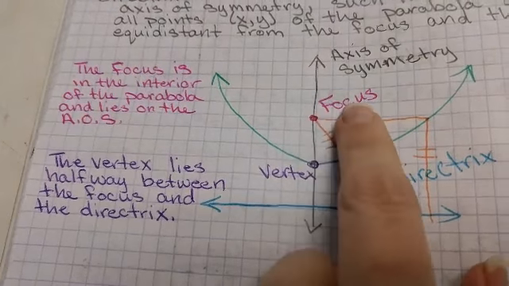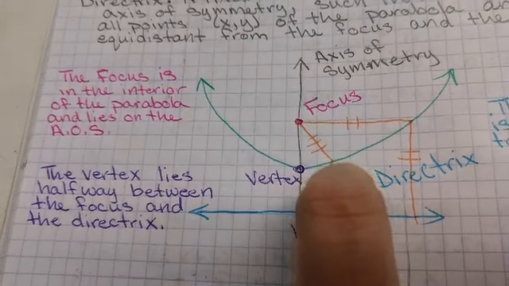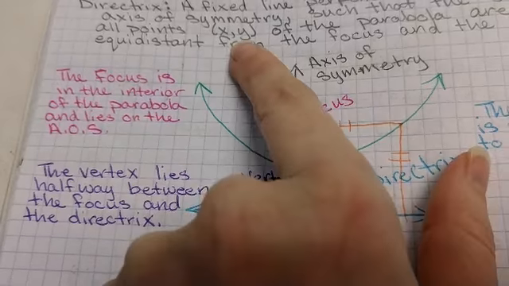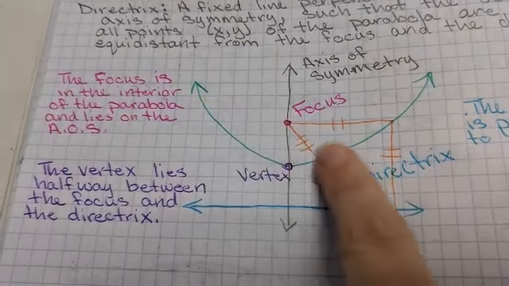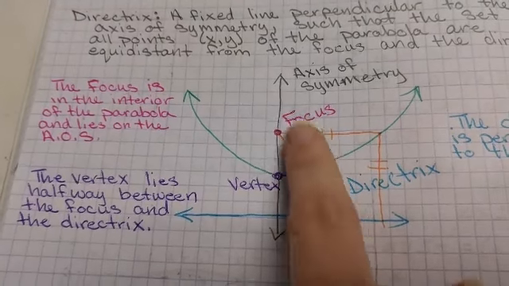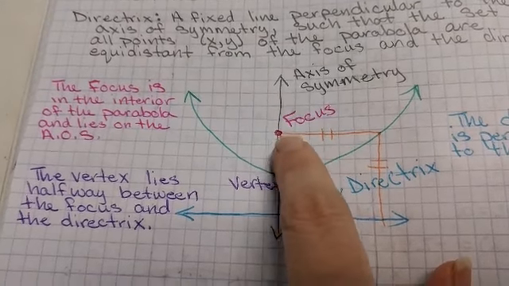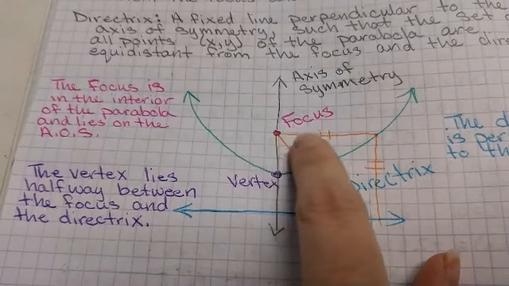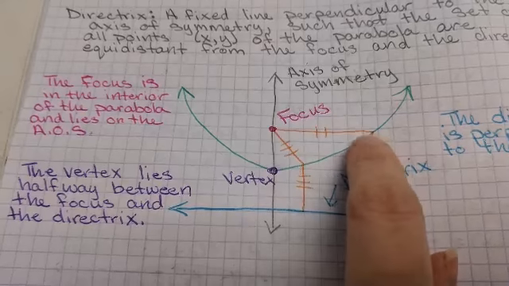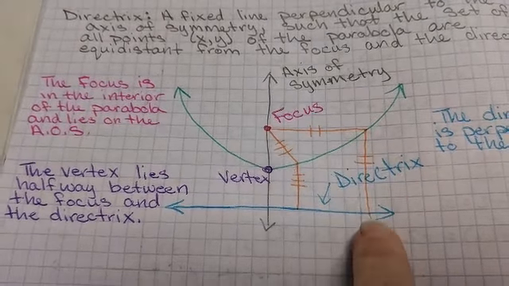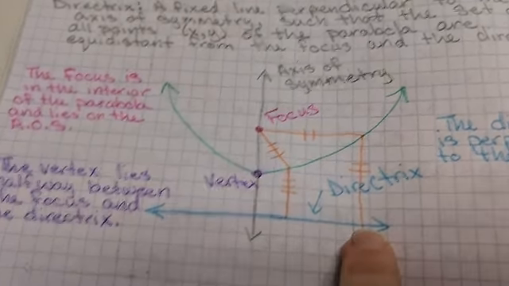So in our definitions for focus and directrix, it said that the x and y, any point on our parabola, is going to be equidistant from our focus and our directrix. So if I'm looking at this focus and I pick some point on my parabola here, this length from the focus to my parabola has to be the exact same distance as from my parabola down to my directrix.